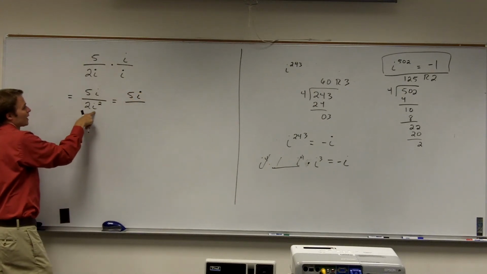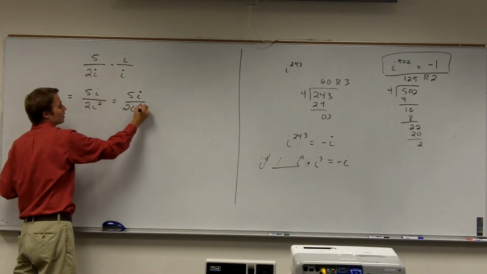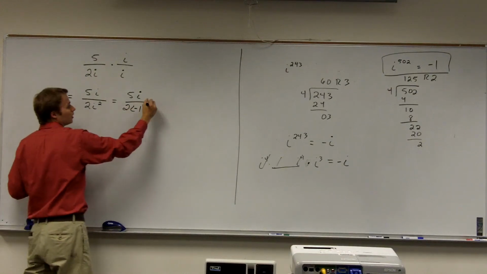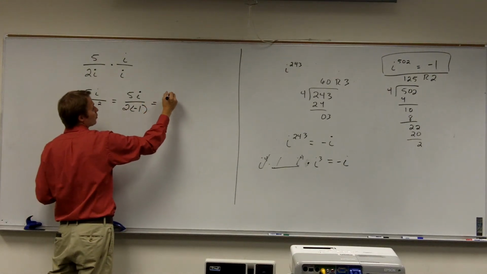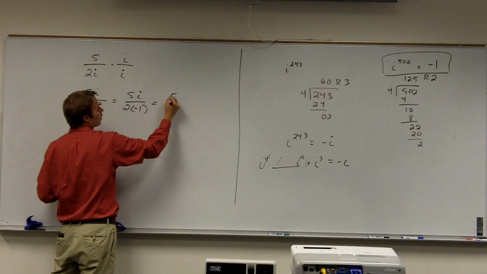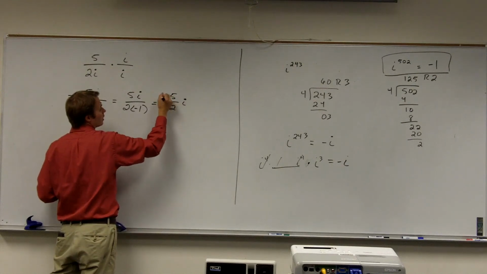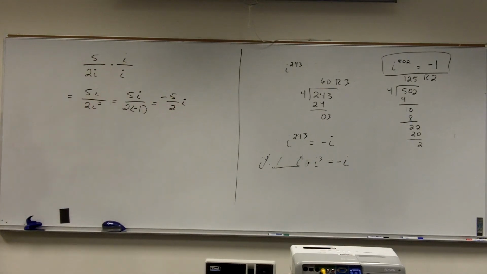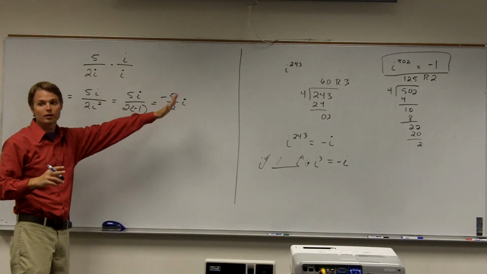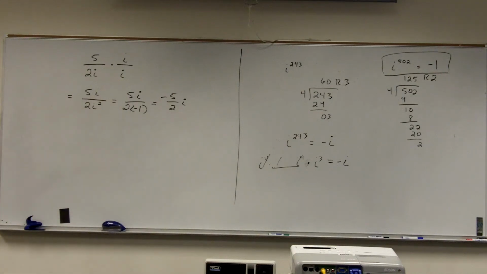And then 2 times i squared, that'll just be 2 times negative 1. And so I'm going to be getting 5i over negative 2, or I can just think of it as negative 5 over 2 times i. Because I could think of this again as i over 1, just pull it out to the side there.